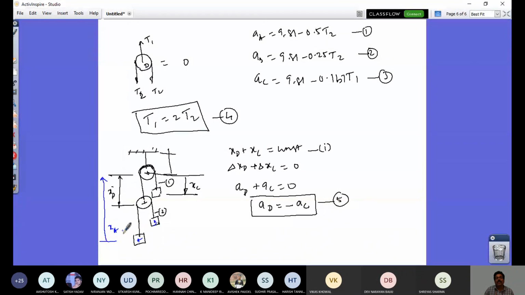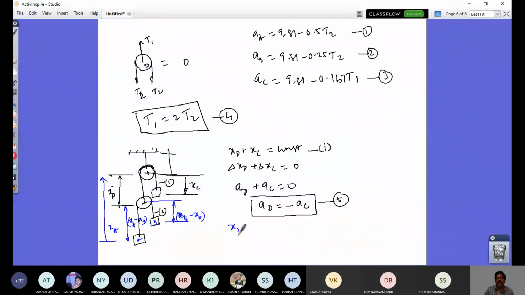So XA minus XD is this part of the length. Similarly, I can write this part of the length will be XB minus XD. And these two sums should be constant.